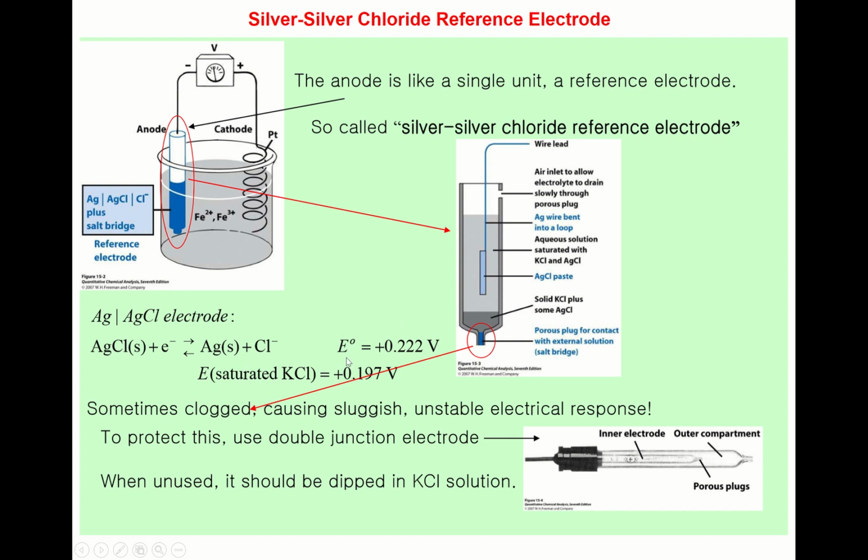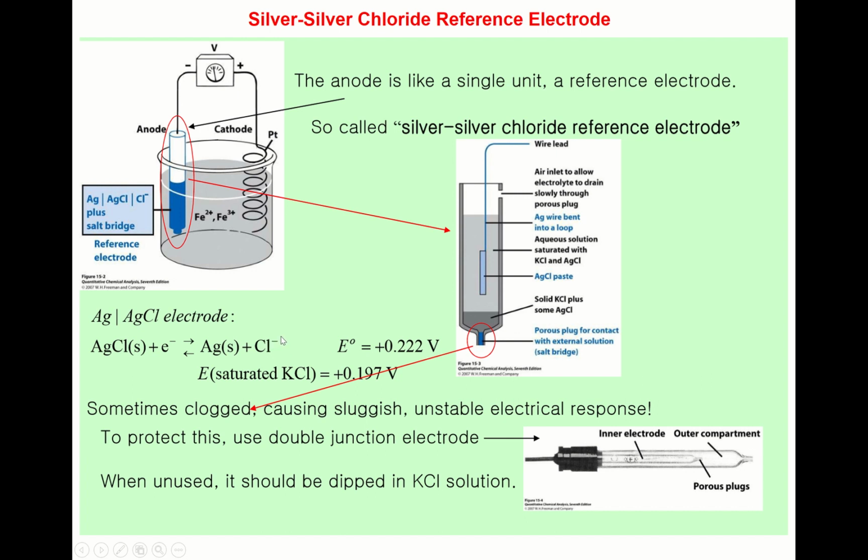For this reaction, we already saw that the E0 value, the standard reduction potential, is 0.222 volt, which means that the chloride ion concentration is 1 molar. But usually we saturate this with potassium chloride, and the chloride ion concentration is much higher than 1 molar.